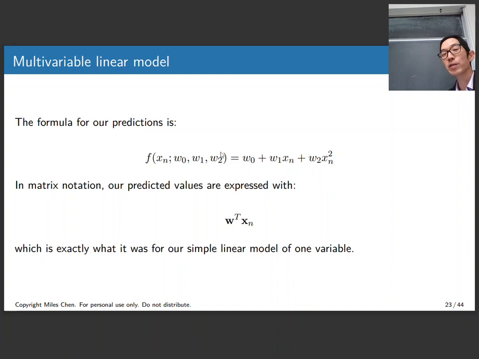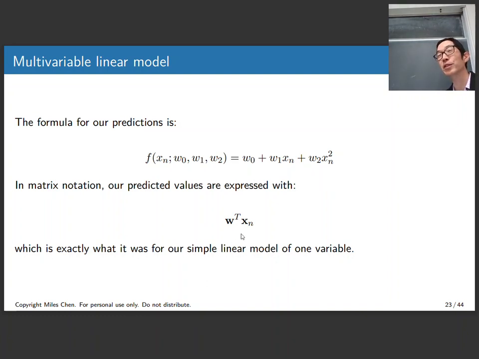If I wanted to solve this the old-fashioned way, using partial derivatives, now I have a system of three equations and three unknowns to solve, right? I have the partial derivative with respect to W0, partial with respect to W1, partial with respect to W2. I have three equations. I have to simultaneously solve all three of them. I set them all equal to 0 and solve. That's a lot trickier, okay?